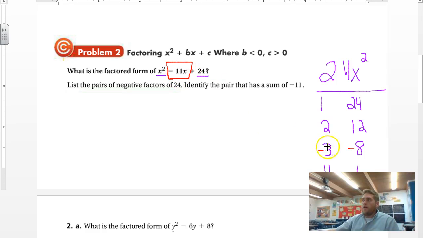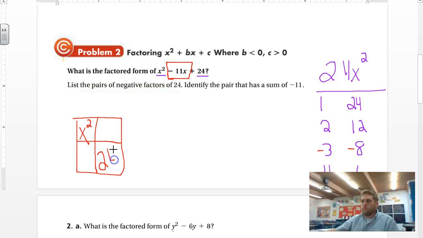It sure is. Is negative 3 times negative 8 positive 24? It sure is. So now I draw my box. Okay. First term goes in your first box. Last term goes in your last box. Okay. And now we have negative 3x. And we have negative 8x.